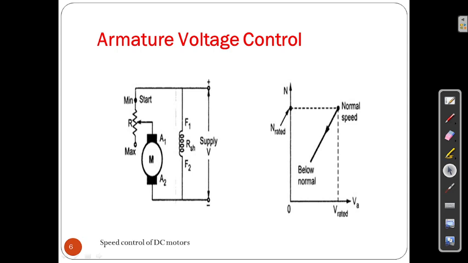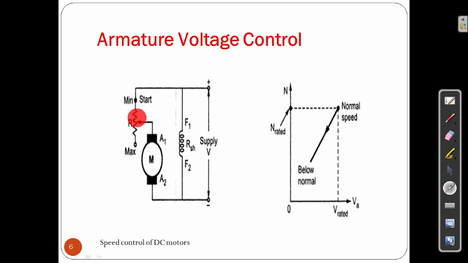This is the armature voltage control method. Here we give the supply to the motor, but this resistor is directly connected with the armature. The supply is as it is, but the resistance is directly connected with the armature. If you give the supply, power will flow from here.